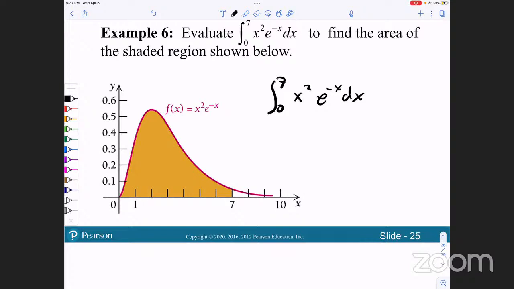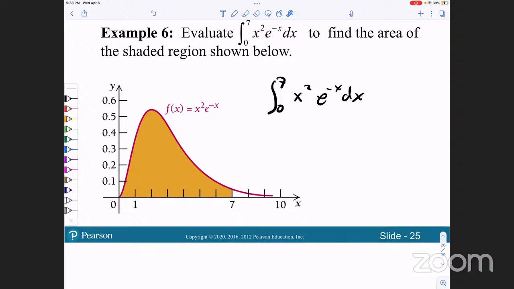I think I'm going to piggyback off of this because I am kind of burnt. Because for instance, what you would do, I would let the u be x squared and the dv be this guy, right? That's the integral. So the integral of this would be itself divided by negative 1, right?